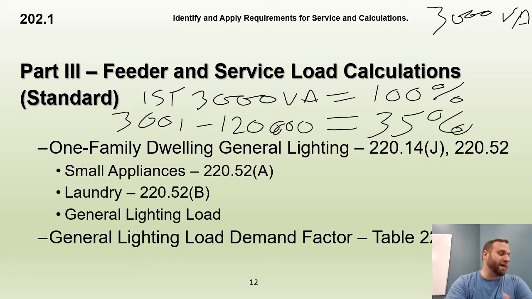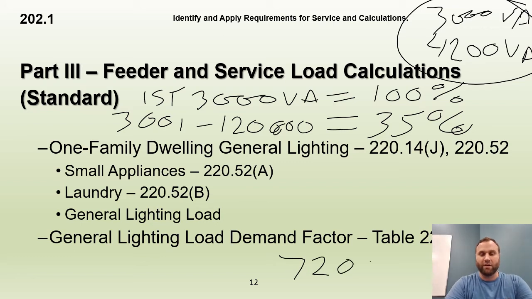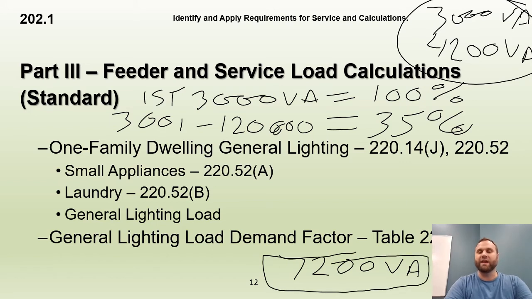If I have 12,000 remaining and I multiply that by 0.35, or take that at 35%, that leaves me with 4,200 VA. At that point, I add all that together for my total VA of, what is that, 7,200? 7,200 VA. That is my total VA for my general lighting load. That's how you calculate your general lighting load.